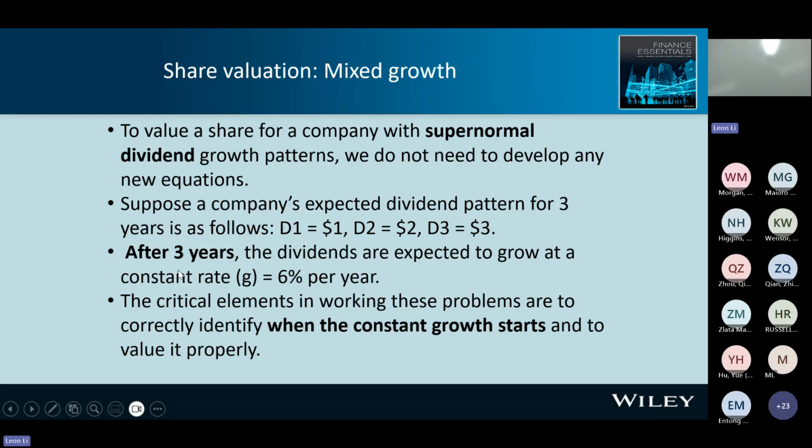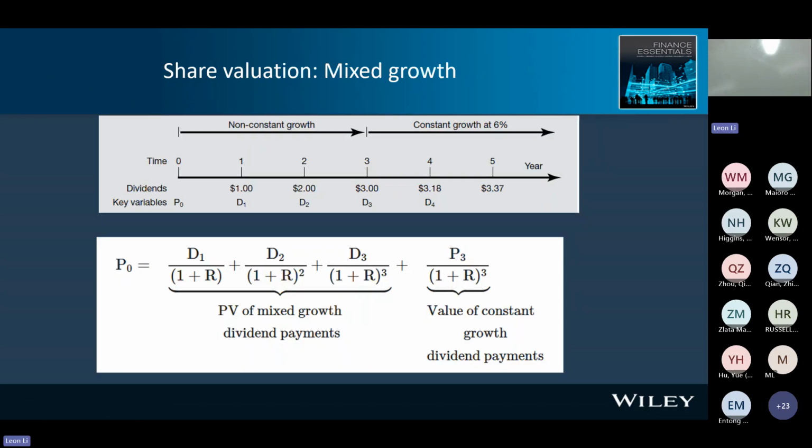So we tell you, okay, after year 3, constant growth starts. Given that, how do we do the share valuation? Again, the first step is to hand draw the timeline. You can see years 1, 2, 3, dividend $1 in year 1, $2 in year 2, $3 in year 3.